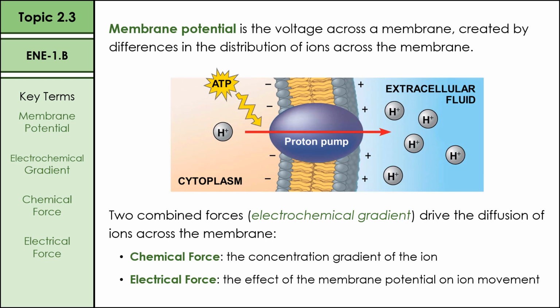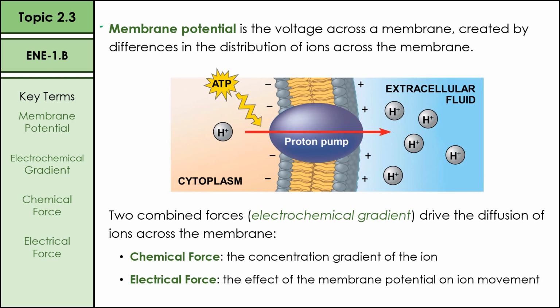Now, a lot of what we're going to talk about is going to come back up when we discuss cellular energetics, cellular respiration, photosynthesis, all of those energy generating processes in the next unit. One of these key things that we're going to want to keep in mind is the concept of membrane potential.